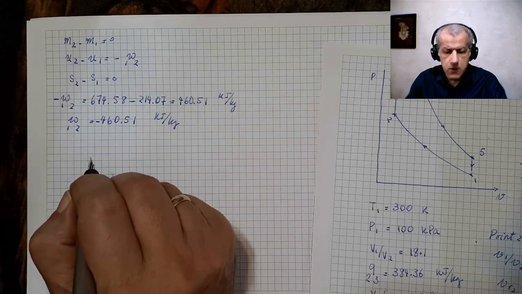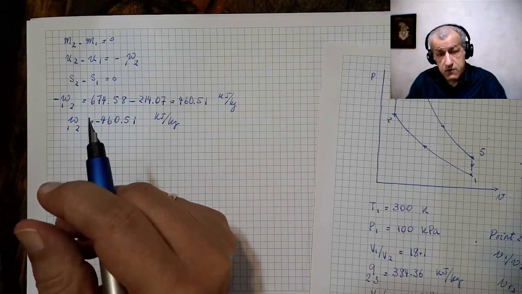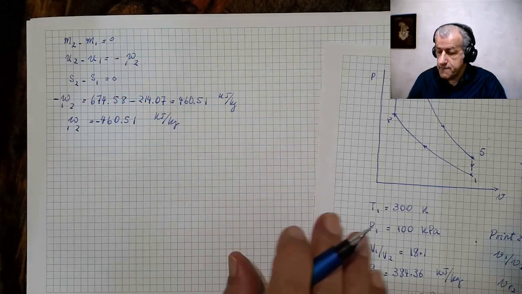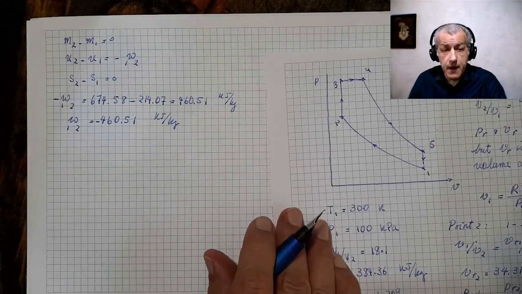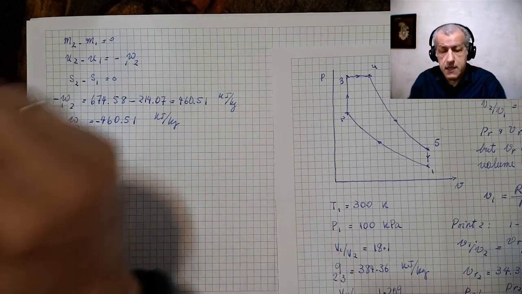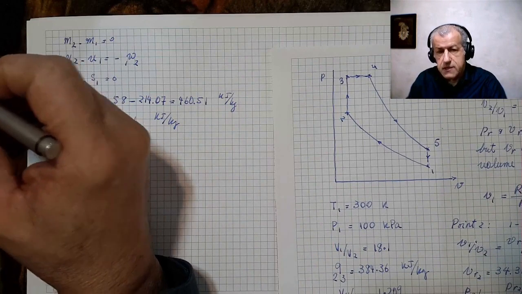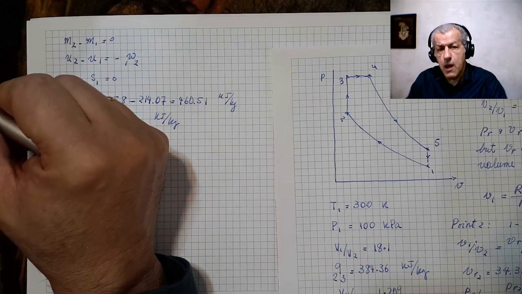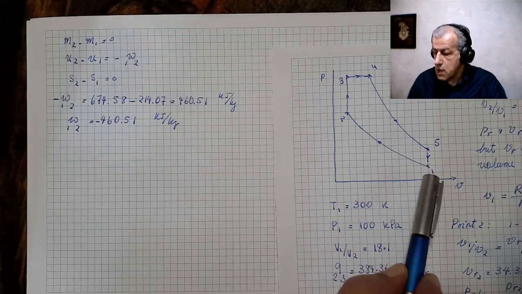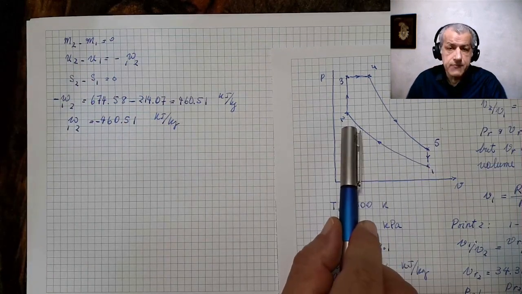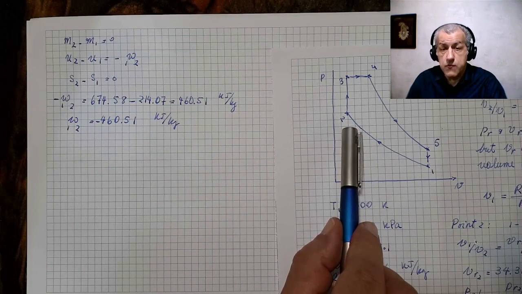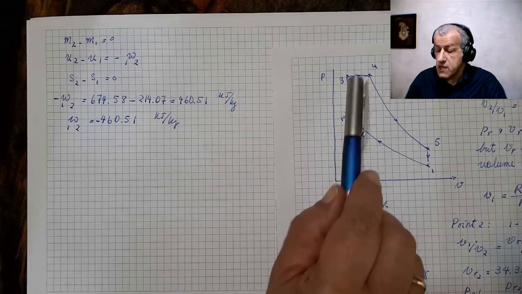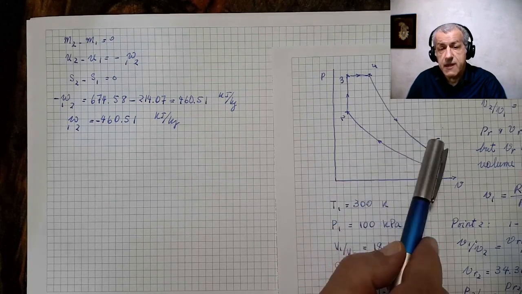Good. So this is the work, in fact, which is done on the air inside the cylinder. You see, the practice is very similar to what I told you before. I mean, we do work on, we compress a cold fluid, then we give it heat, and then we expand it.